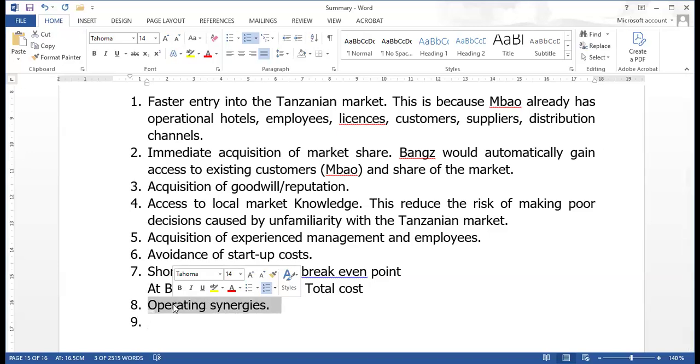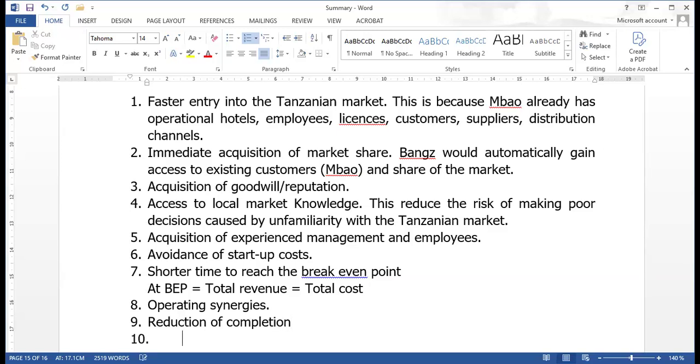What else really can we add? The reduction of competition. Where Mbayo is an existing or potential competitor, acquiring it would reduce the number of independent businesses competing with Baganzi.